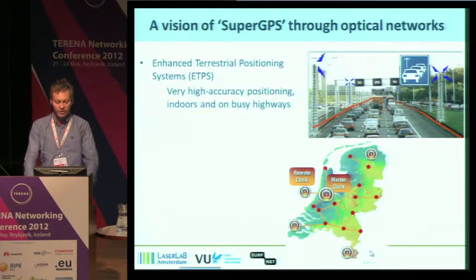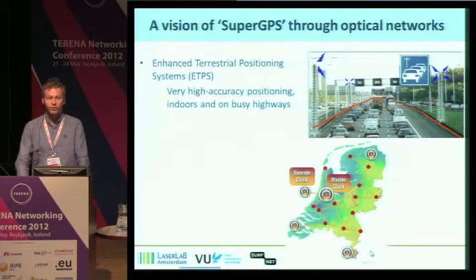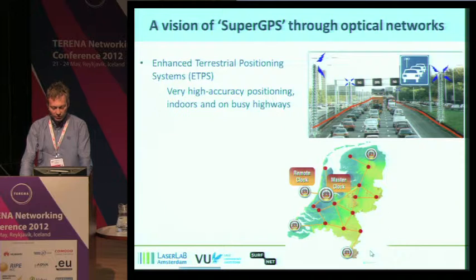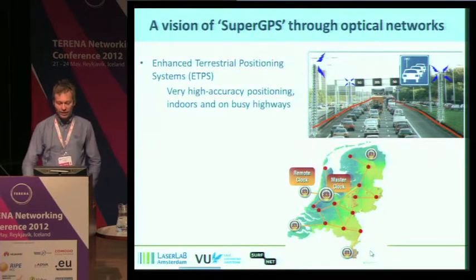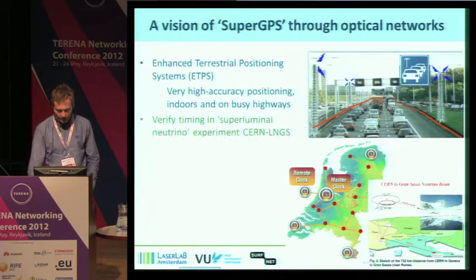So you can achieve very high accuracy positioning even indoors and on busy highways. For instance, using the signals that are broadcast by the antenna masts for mobile telecommunication, which you indeed can receive indoors. And if I talk about high accuracy, I'm talking about on the order of 10 centimeters of positioning accuracy.